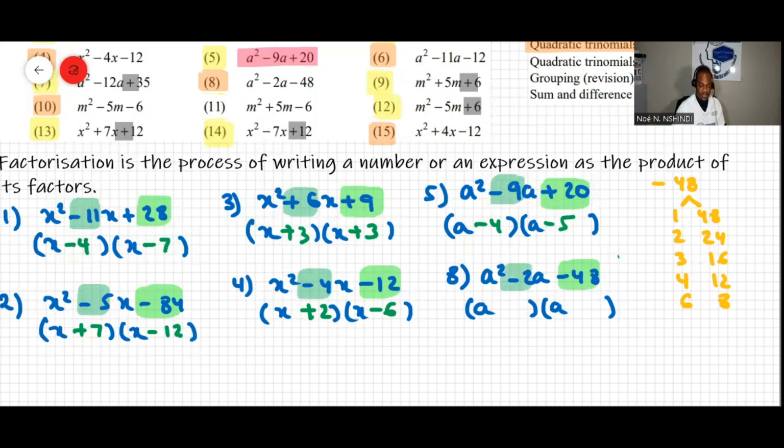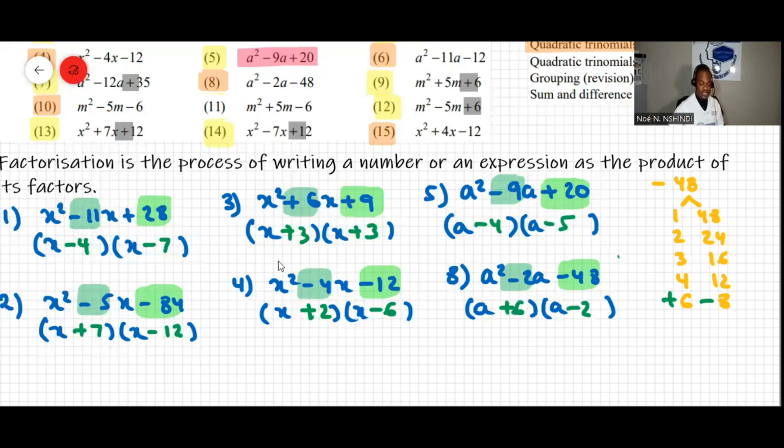Let's see which one it can be. You can go through trial and error and identify. It's not always the last term, because by coincidence most of our answers were lying in the last couple of the factors. So now, in this case, it has to be positive 6 and negative 8, because 6 minus 8 will make negative 2. So we can say plus 6 here and then negative 8.